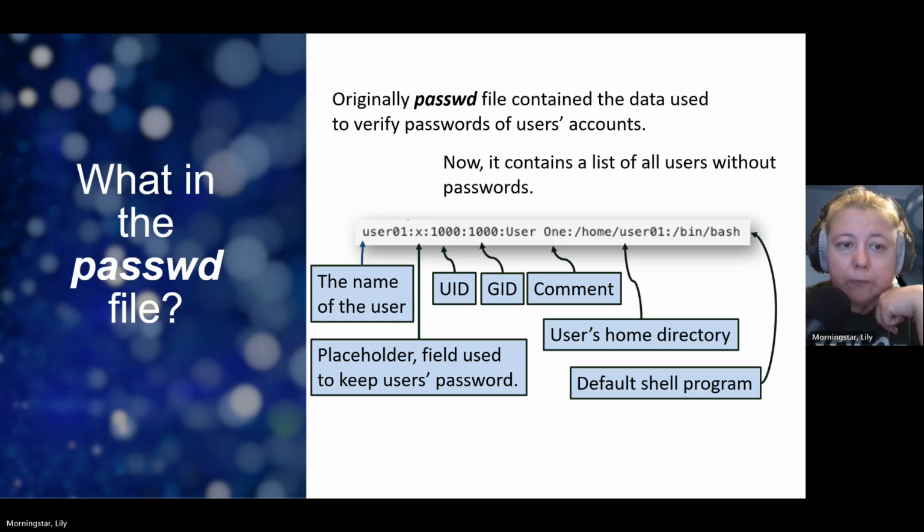So first comes the name of the user, right here. Then the placeholder for the password, but as I mentioned, passwords are no longer held in this file. Then the user ID. If it's the root user, it's going to be 0.